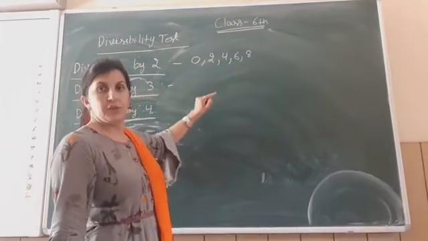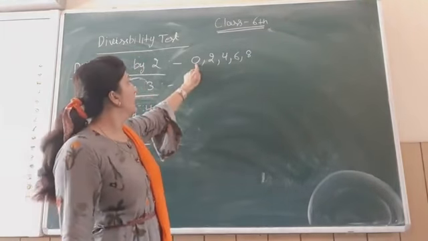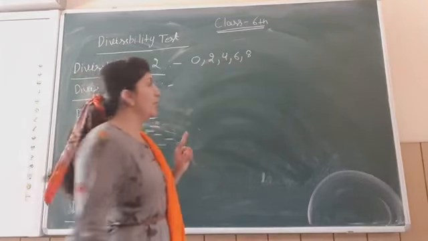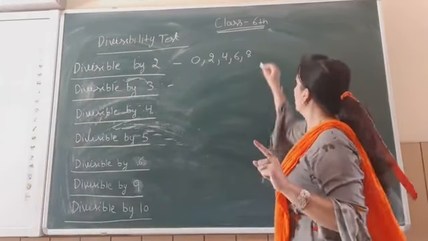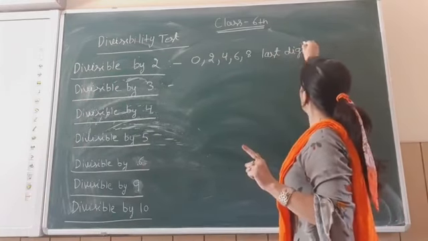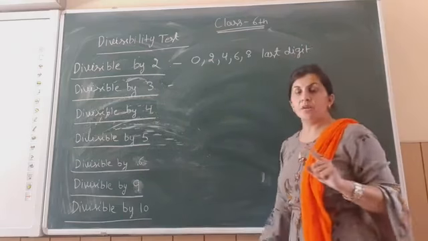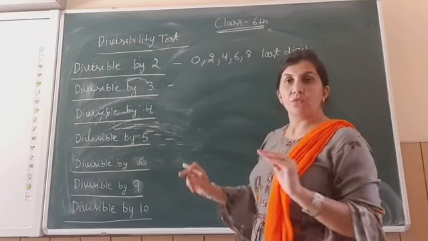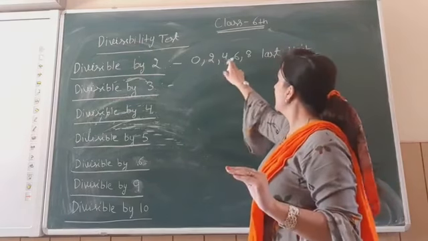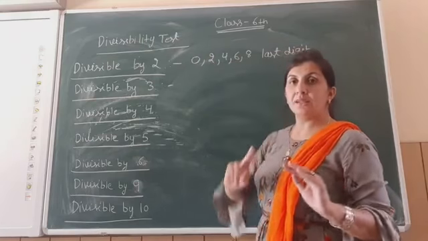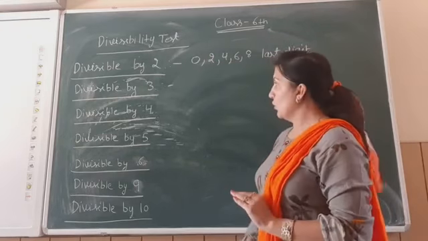If the last digit is 0, 2, 4, 6 or 8, then the number will be divisible by 2. You don't need to check by dividing it by 2. We will just check the last digit. If it is any one of these, we can say that yes, this number is divisible by 2.